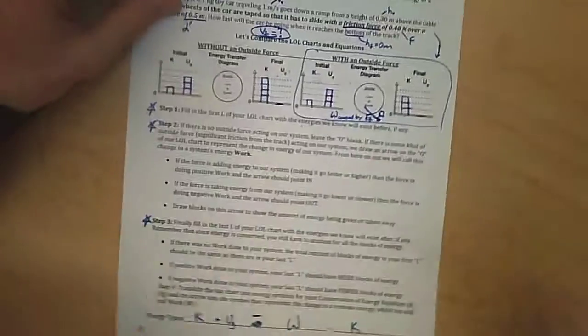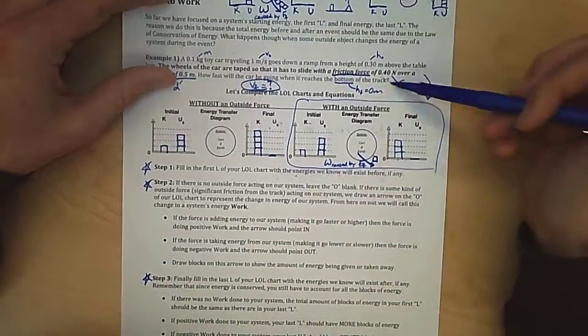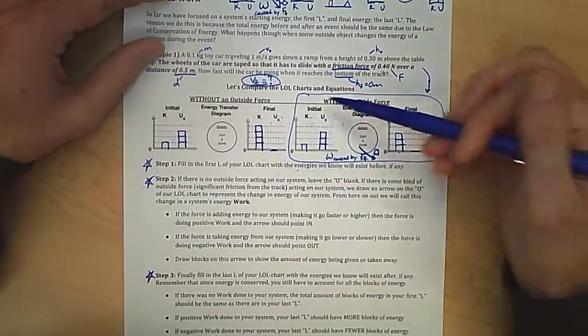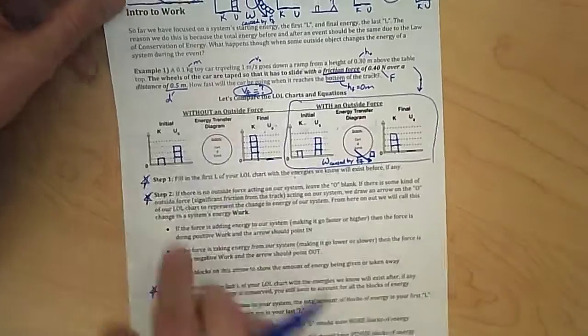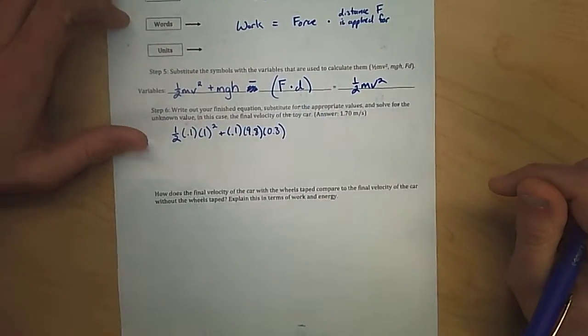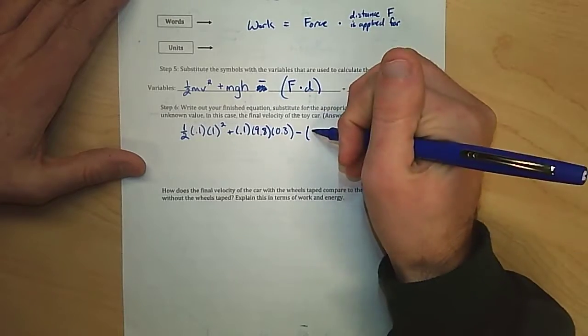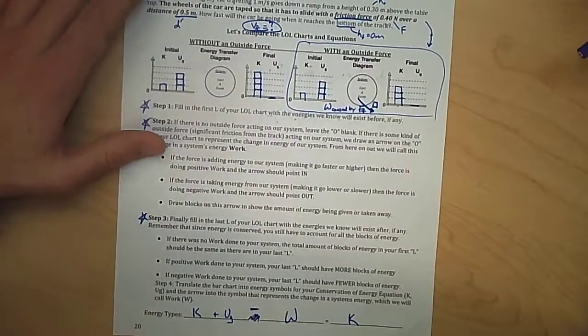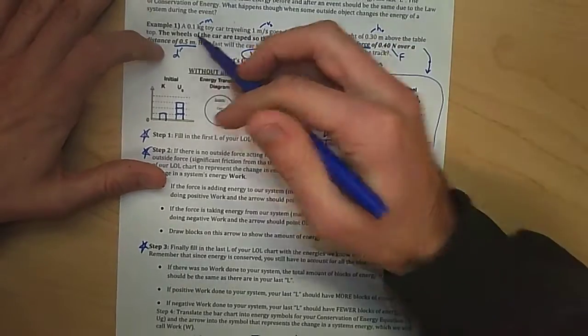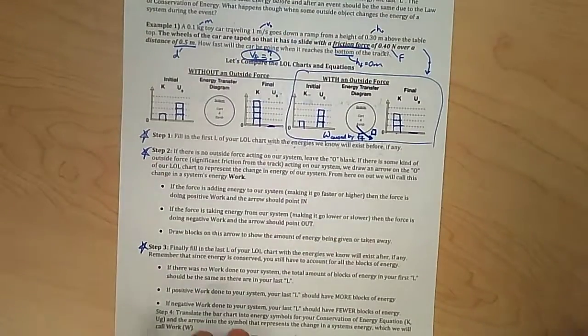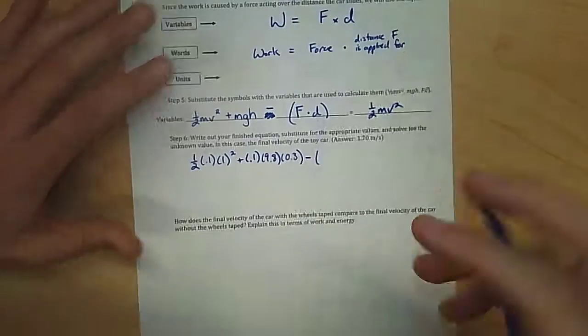Which I'm kind of going through quickly right now, but remember, we wrote down all this info, or you could access all the info in the problem right here. I just want to keep on flipping back and forth. Minus my force, which is, and I am going to flip back right here because this is the first time we're ever doing this. My force is 0.4 newtons, and the distance it's applied for is that 0.5 meters. All right.